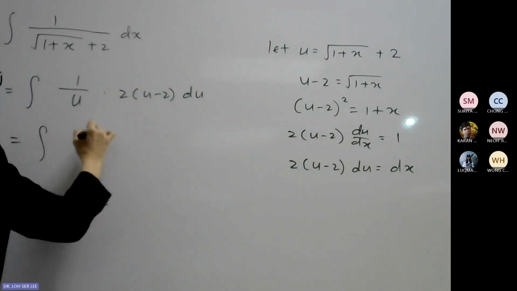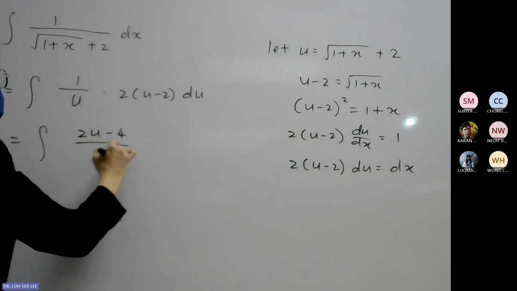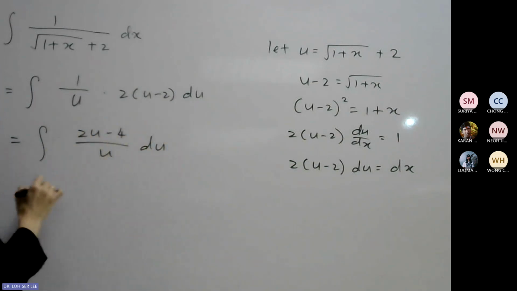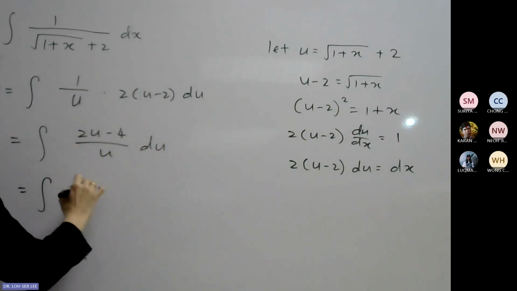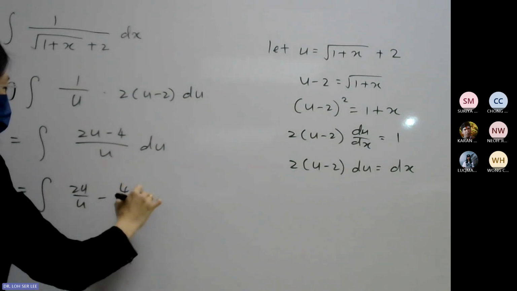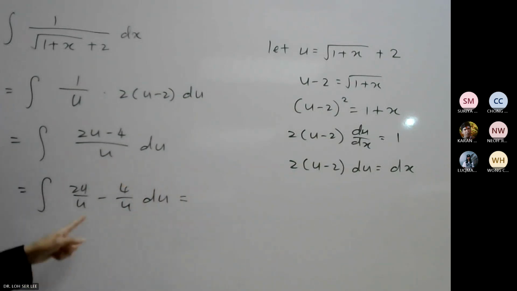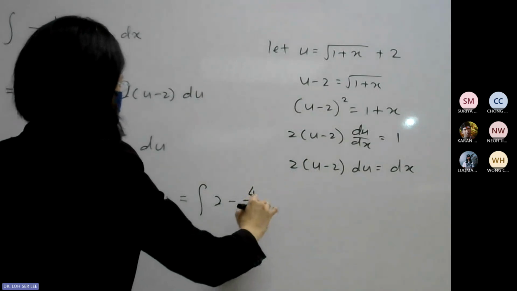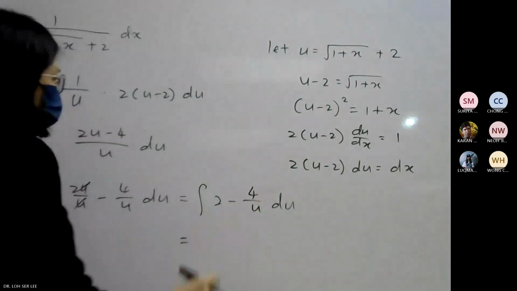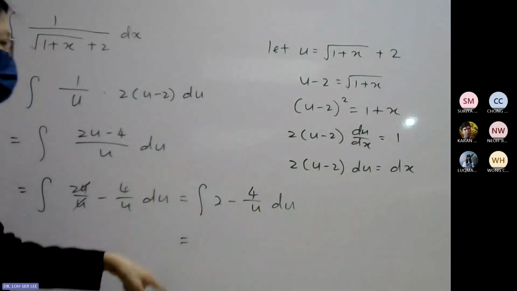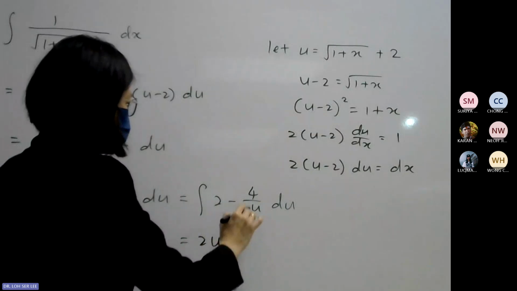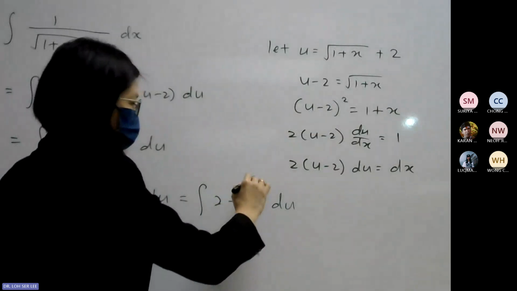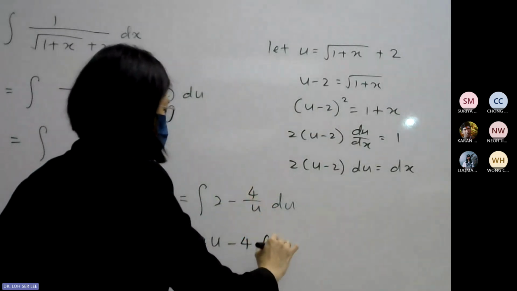This is 2u minus 4 over u. So we separate this into 2u over u minus 4 over u. Cancel out the u, you have 2 minus 4 over u, du. Then we can start to integrate. You have 2u minus, factorize the 4, so 1 over u, you get ln u.